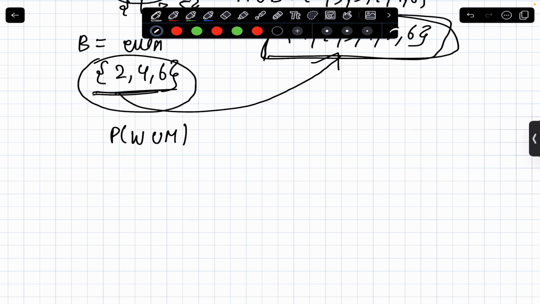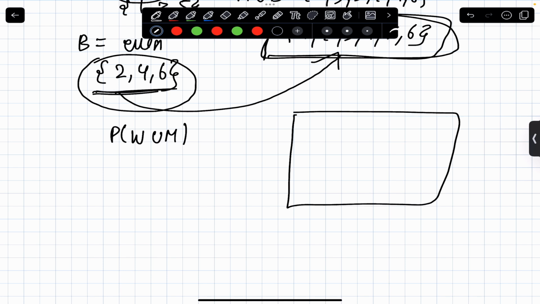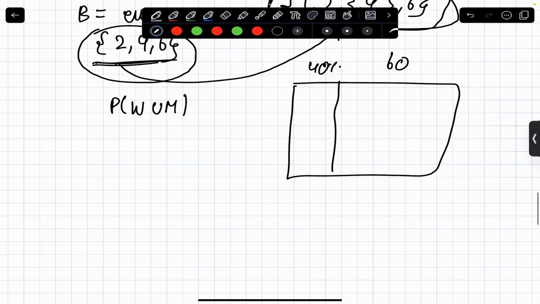Now we have a special case. In the class we had 60% women and 40% men, and in the 60% we had 40% married.